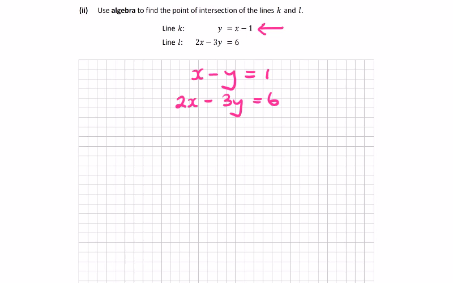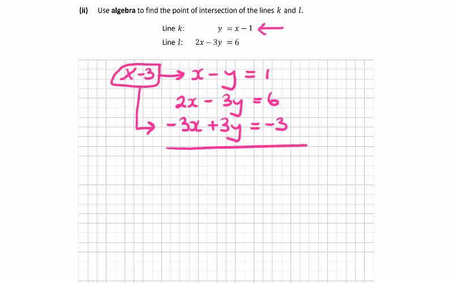Well, if I multiply the top line by either -2 to get rid of x, or -3 to get rid of y, choose either. If we multiply this one by -3 and write the answer down here, we're going to get -3x plus 3y equals -3.